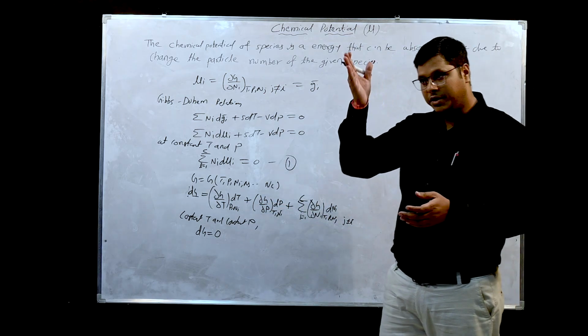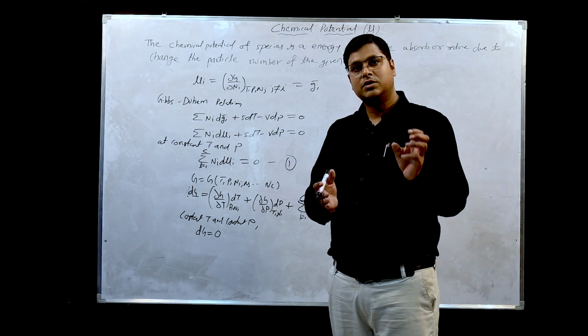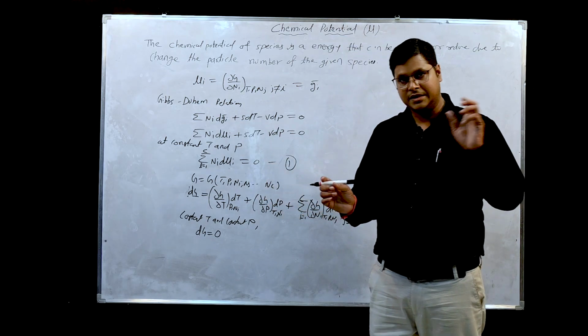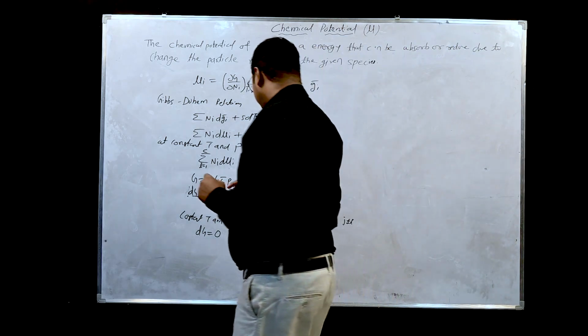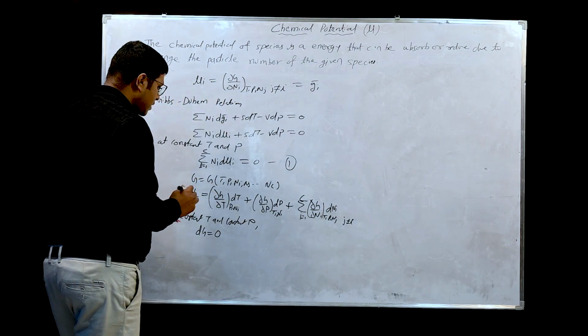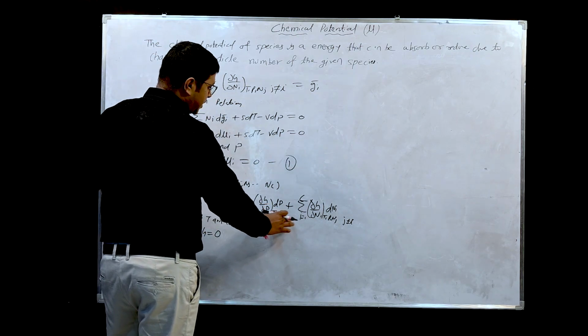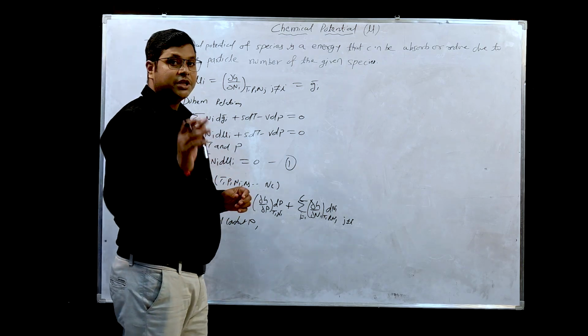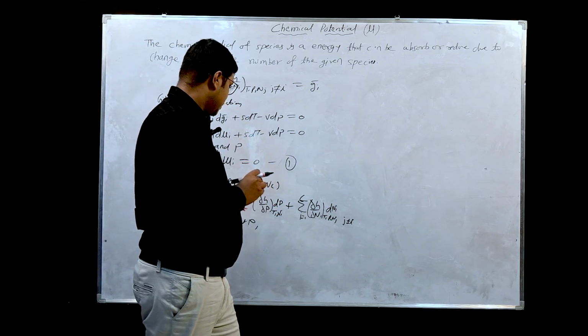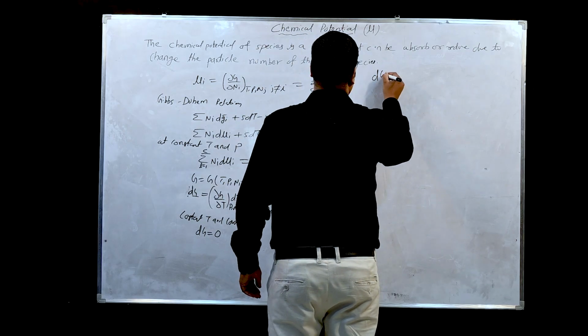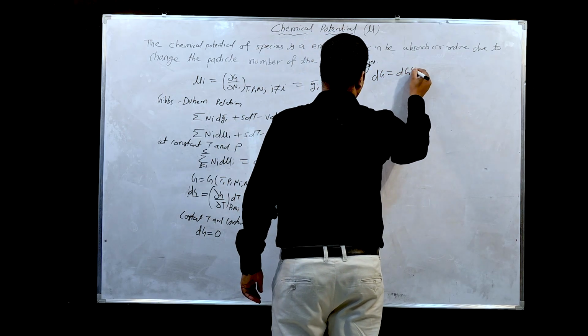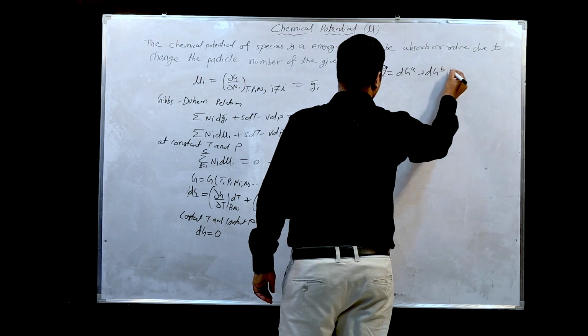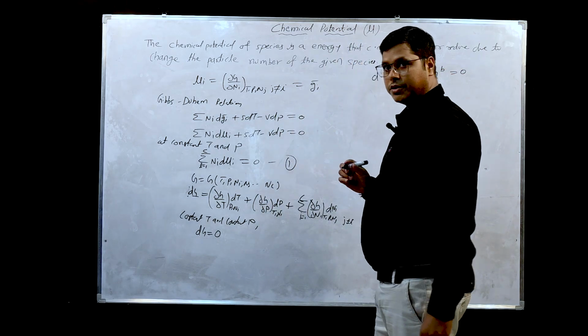But we divide the system into two parts, subsystem A and subsystem B, as I just told. In that case temperature and pressure will be constant, but the change in number of components with respect to the subsystem will exist. So dG is equal to dG of A plus dG of B, and this will be 0.